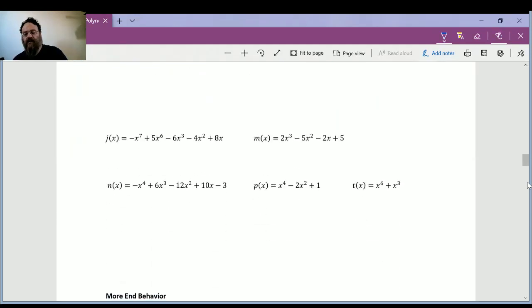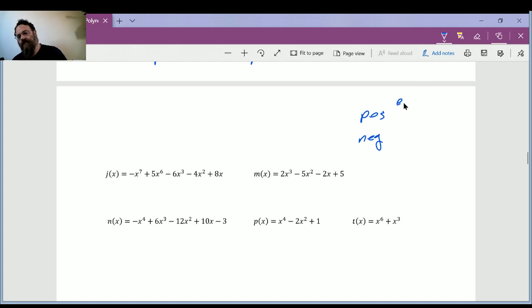Here's what I would probably do if I were taking a test right off the bat: positive, negative, even, odd, sketch, sketch, sketch, sketch. Okay? That's what you're going to go off of every single time.